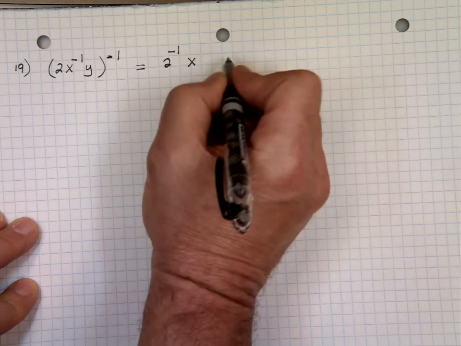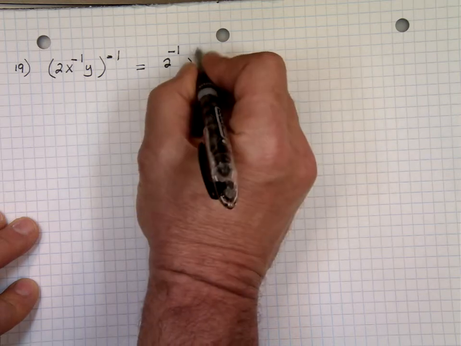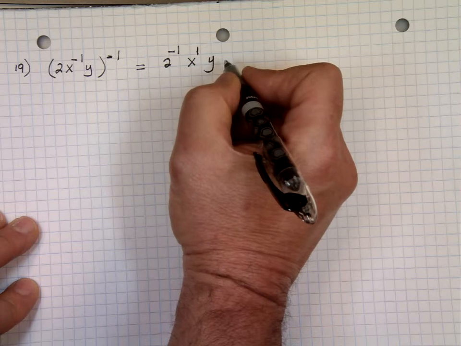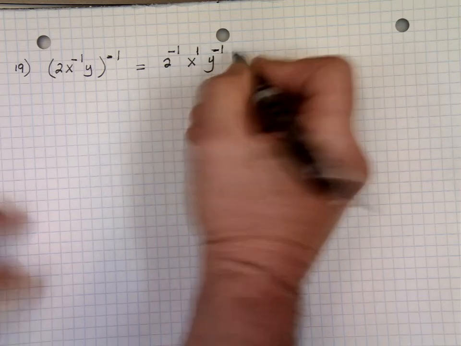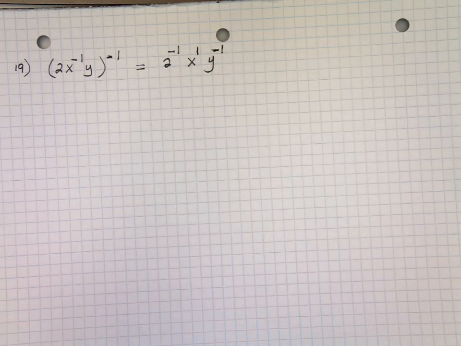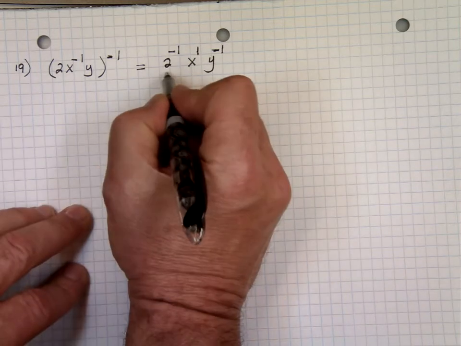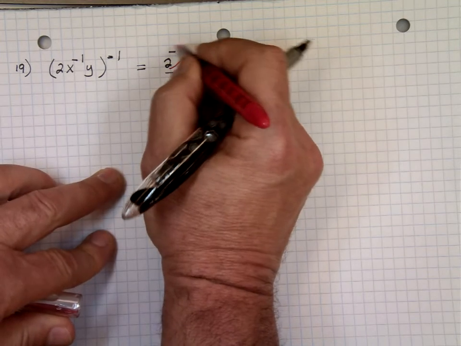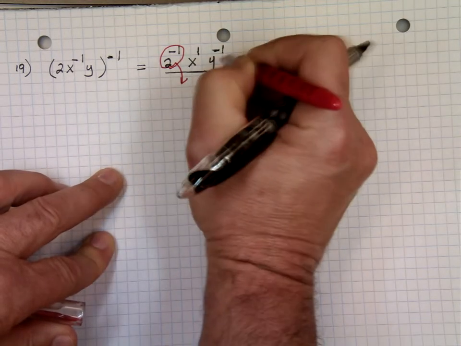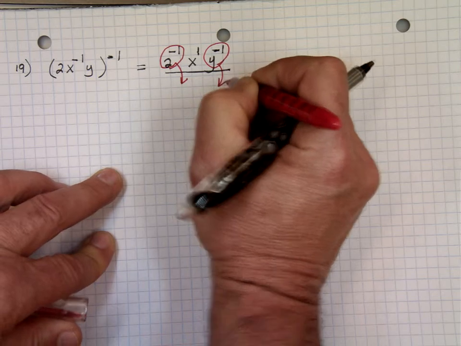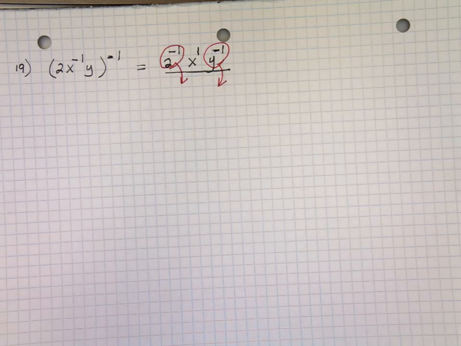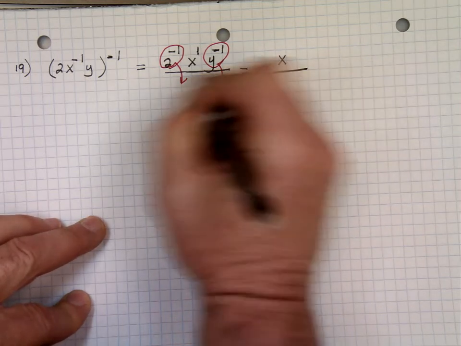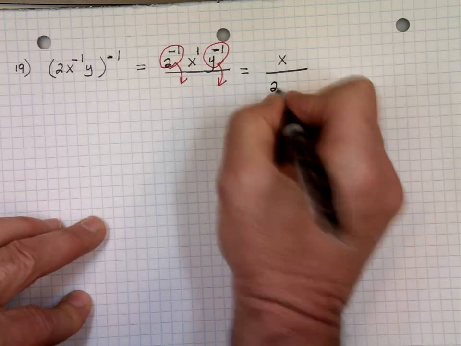You're multiplying. Y to what power? Negative 1. We don't like negative exponents. Cross the line, change the sign. If a negative exponent is on the top, bring it to the bottom and change the sign to a positive. So x to the 1, which is x. 2 to the minus 1 becomes 2 to the 1. Y to the 1.